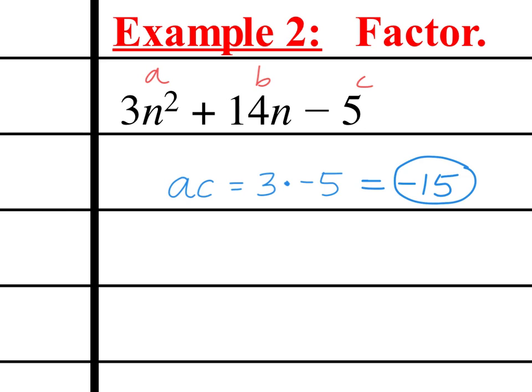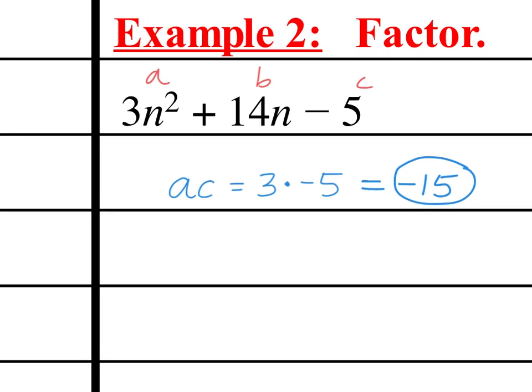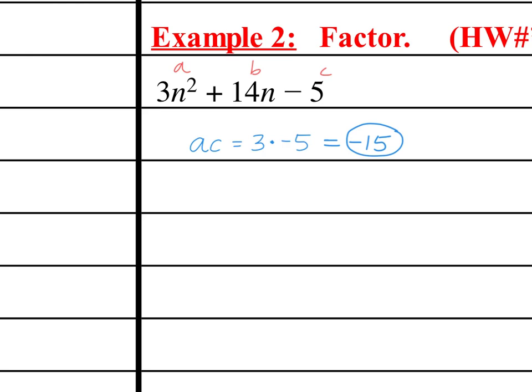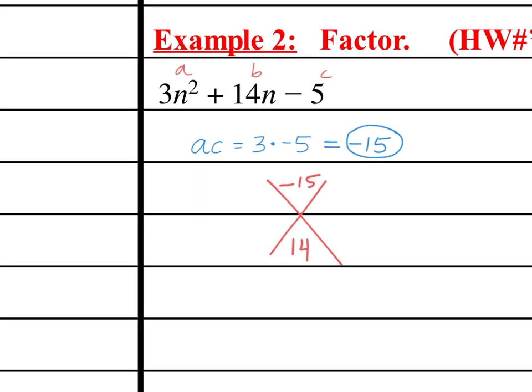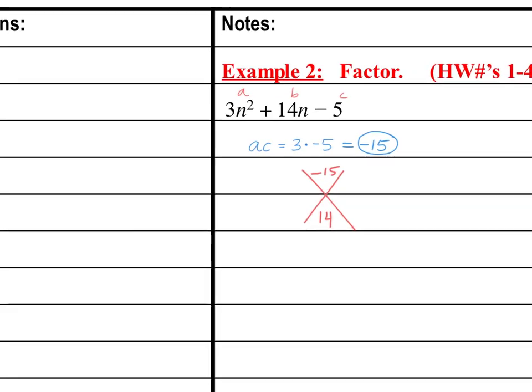Look over here. Find two numbers that multiply to AC and add to B. So just like you did the other day, but this time we're using A times C. So two numbers that multiply to negative 15 but add to 14. Can you please discuss what are those two numbers? Go.